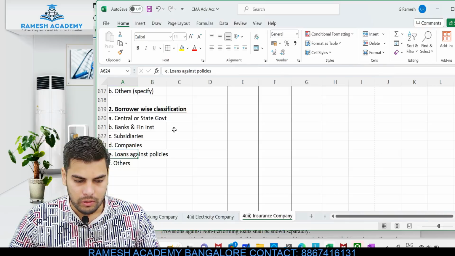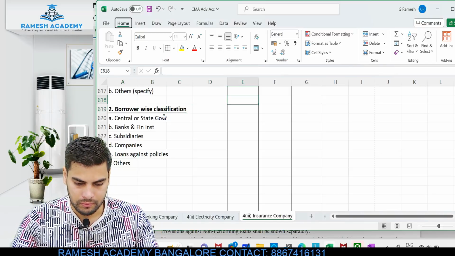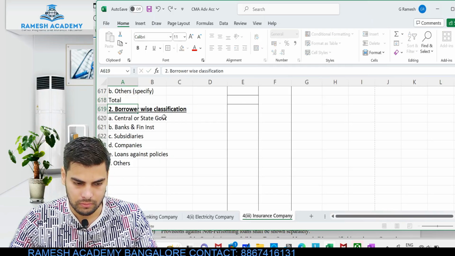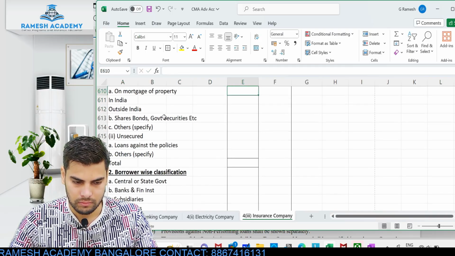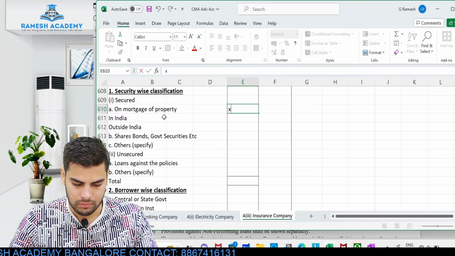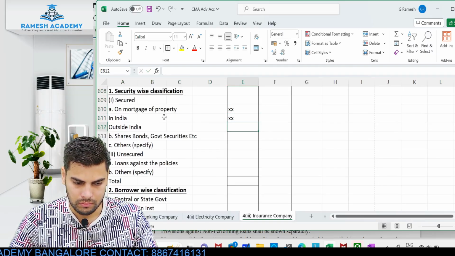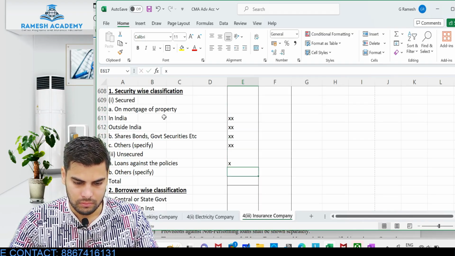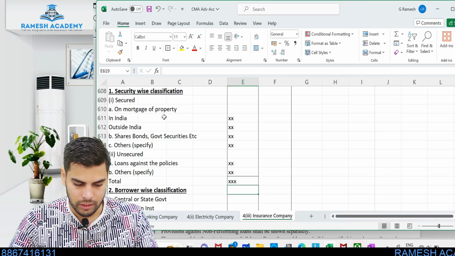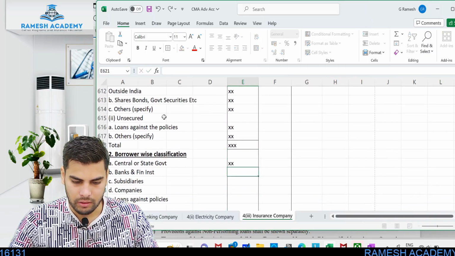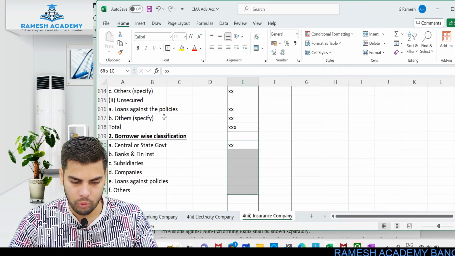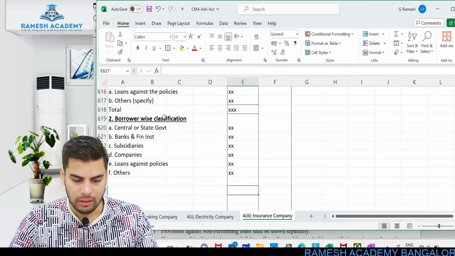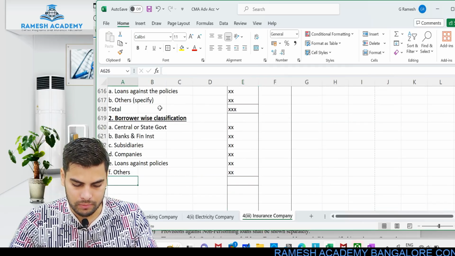So here you will be getting the total, and same way over here. Borrower wise classification, from whom all have you borrowed the amount, here also you will be getting the total.